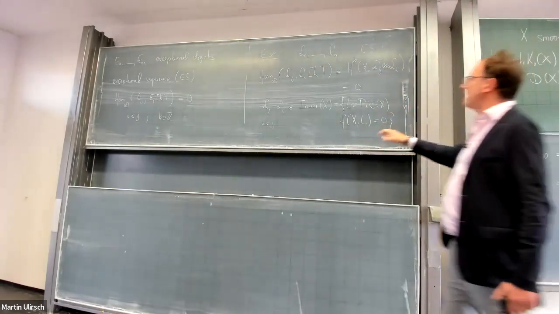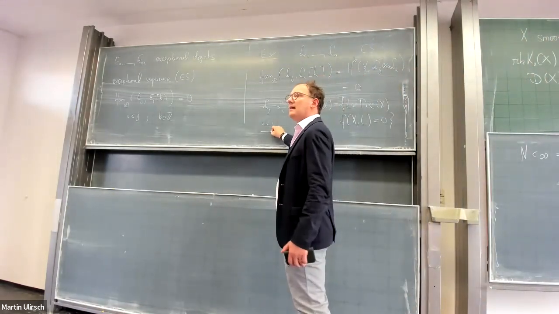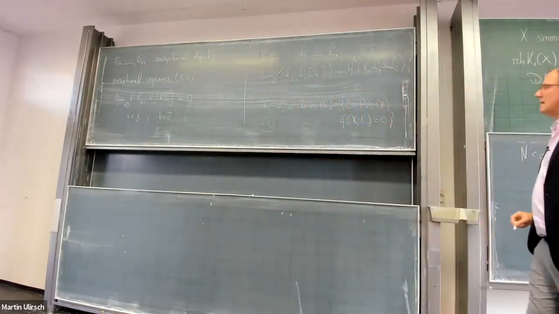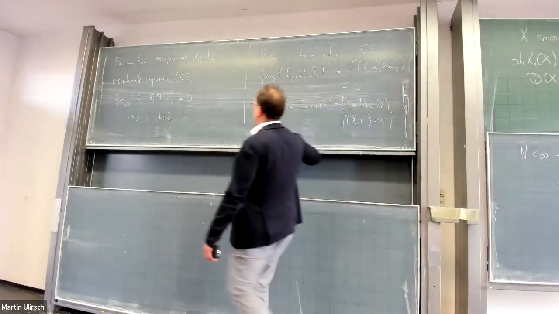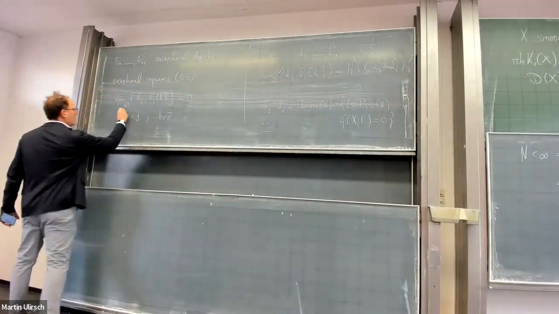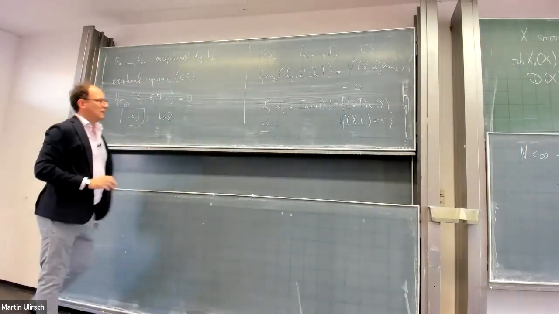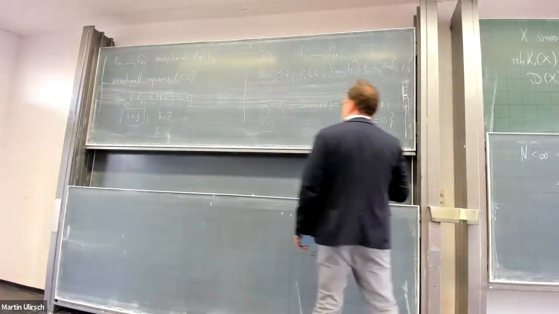Yeah, for i smaller than j. Maybe I should have put that; I mentioned it here. So i needs to be strictly smaller than j, otherwise.